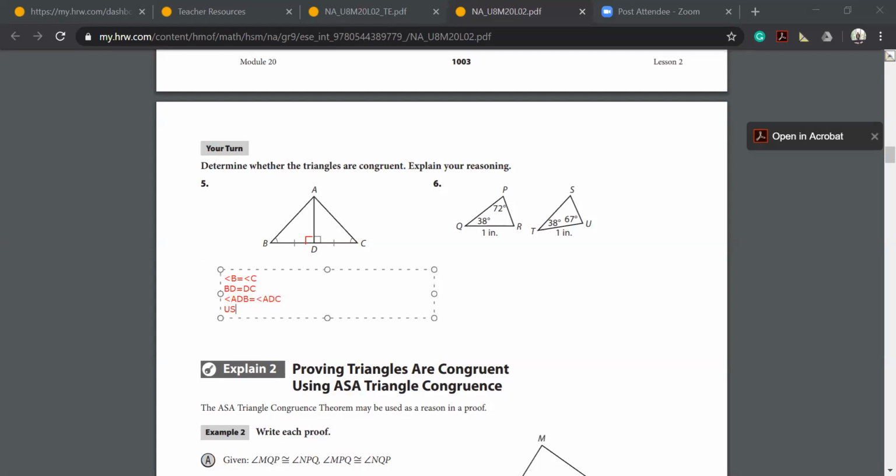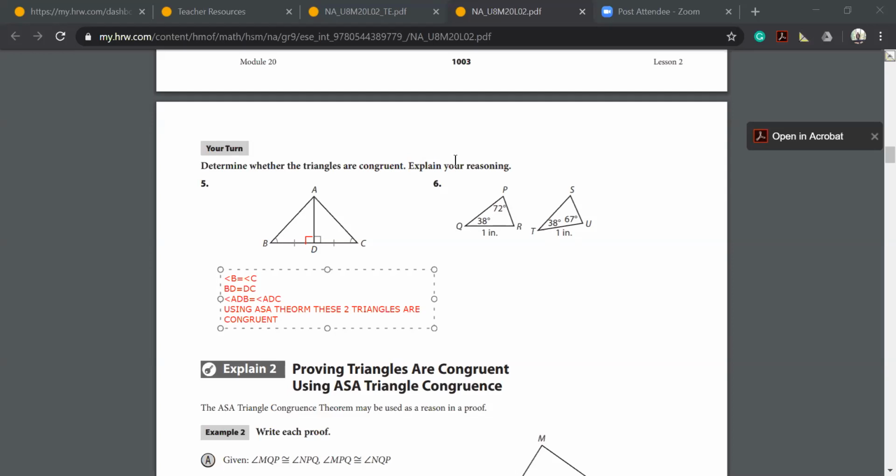So using the ASA theorem, these two triangles are congruent. Very easy, right? Okay, you are required to do question 6 in the same way. Tell me, are they congruent or not? Of course, you have to find the missing angle here or here. I think here. Okay, try to think.